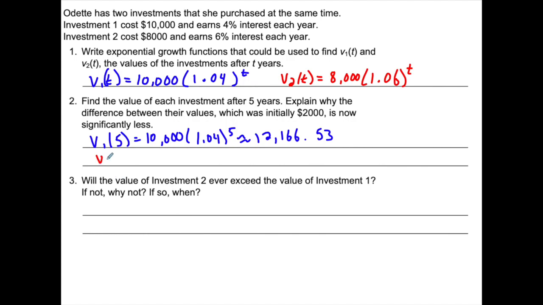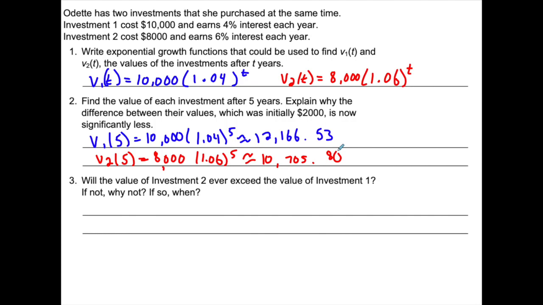And now when we do v2 of 5, we get 8,000 times 1.06 to the 5. And now what we have is approximately $10,705.80.